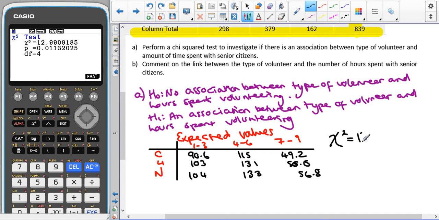So my chi-squared is 13.0, which is the same as my test statistic. My degrees of freedom is 4. Again, it doesn't give us a significance level, so we're going to use 5%. So we're looking down from 0.95 on the right hand side of page 20, across from 4, which gives us 9.488.